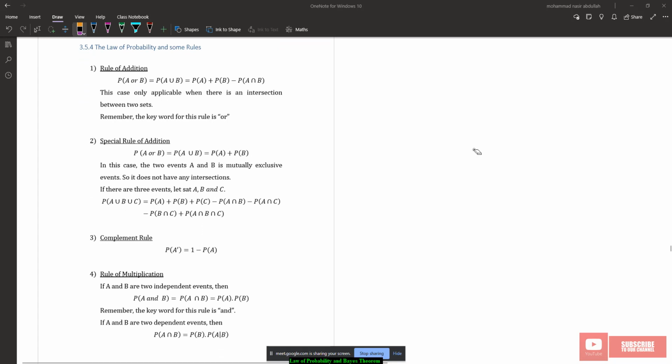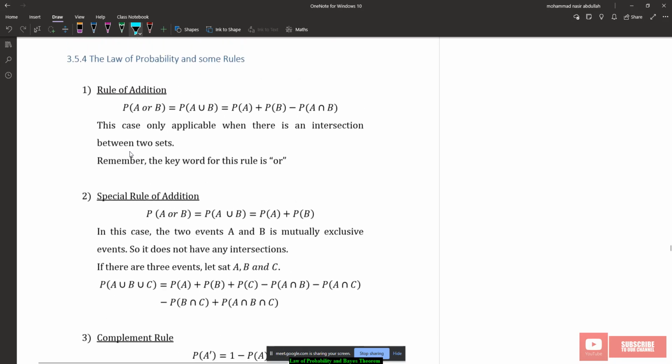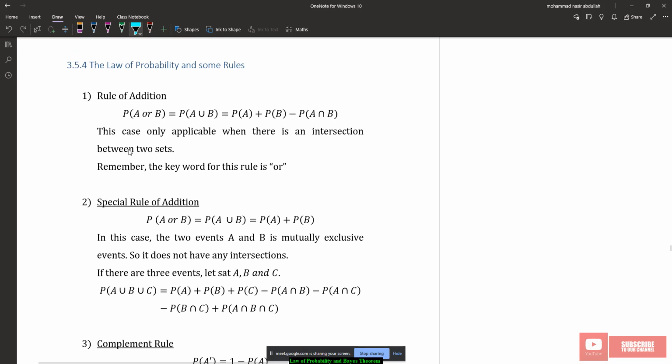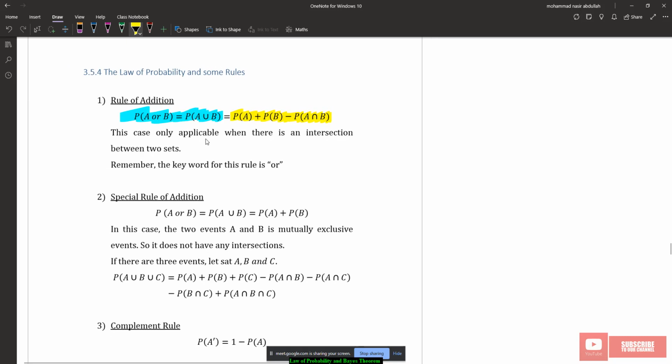There are 4 rules that we're going to look at. The first rule is the rule of addition. The rule of addition says that the probability of A or B is equal to the probability of A union B, where the probability of A union B is equal to the probability of A plus the probability of B minus the probability of A intersect B. This is the general formula for addition.